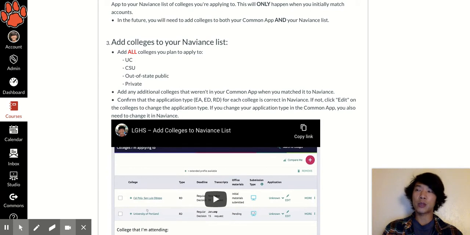For the most part, early applications are due around November 1st, plus or minus around 15 days. You'll just have to look and see when your application deadlines are. Regular decision deadlines are typically around January 1st, but also some are due in December, some are due in February. So just pay attention to all of the deadlines for your applications.